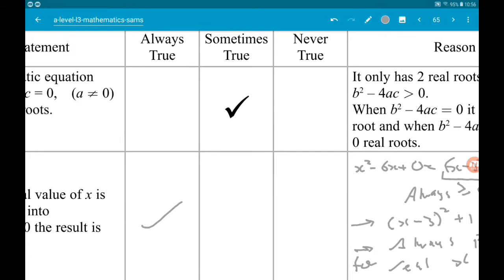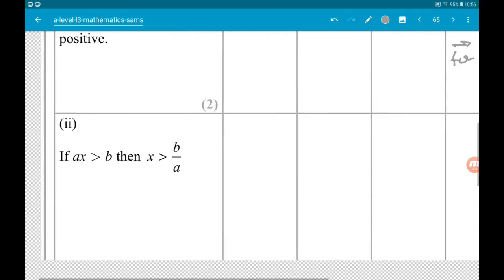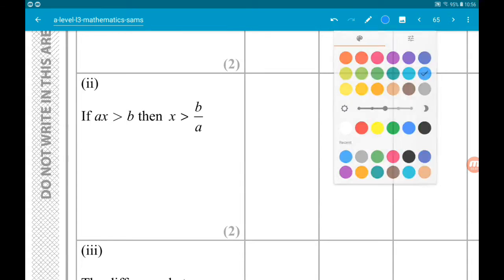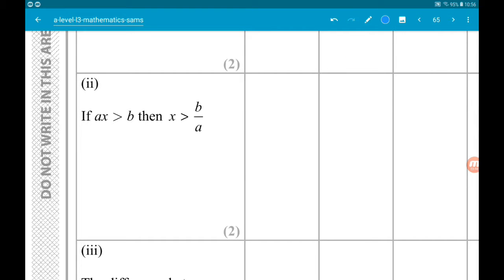Okay, then for the next one. If ax is greater than b, then x is greater than b over a. Okay. So, we need to be very careful here.